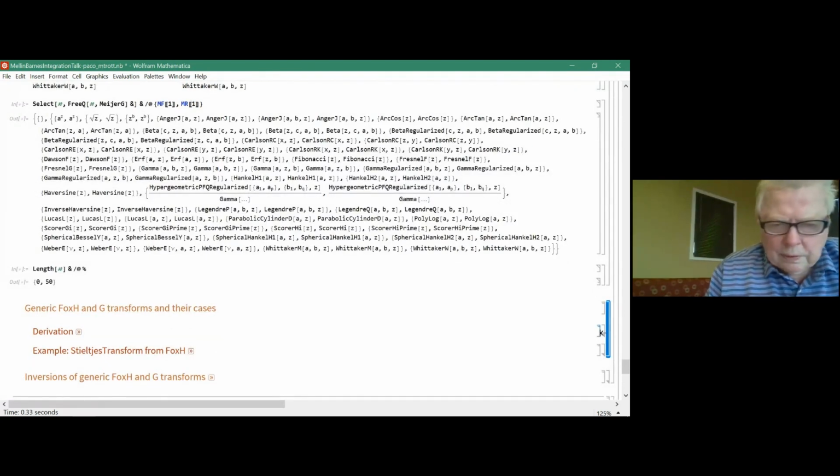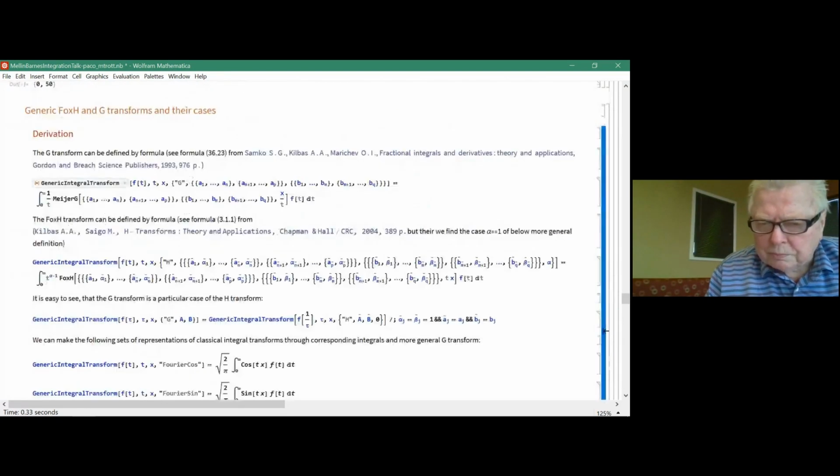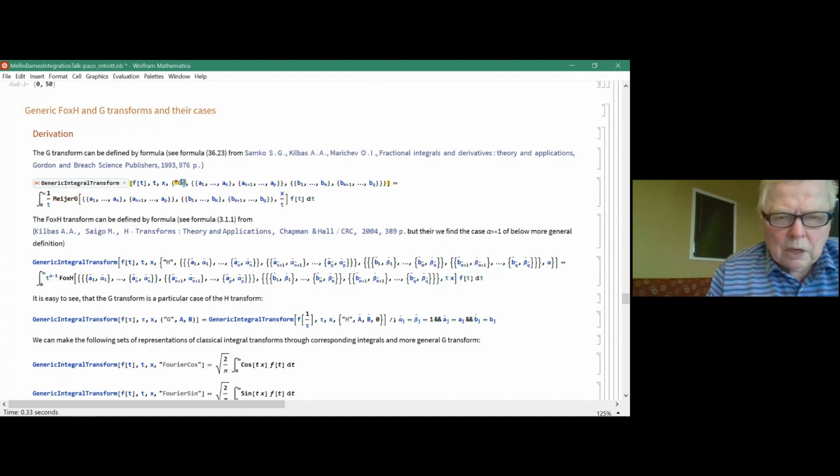Okay, and here I demonstrate more generic transforms than Laplace or Fourier or Mellin transform and others. You see here so-called G transform with G function in kernel.